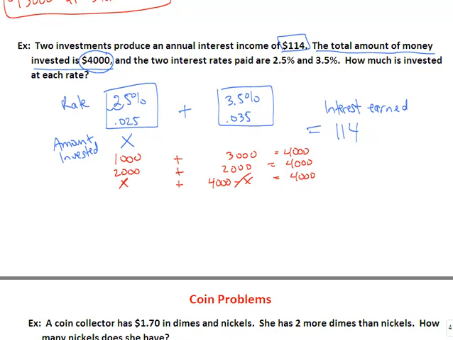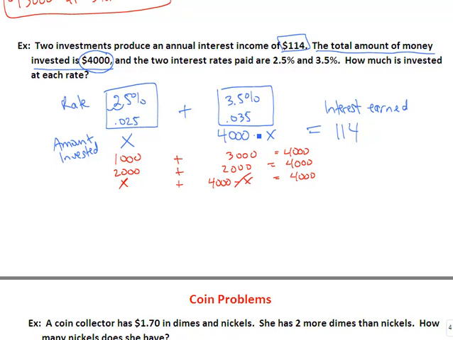So this amount invested is 4,000 minus whatever you put in the 2.5% interest rate account. That forces the total to be $4,000 invested. Okay, that's a tricky concept right there. So whatever you put in the first box, you need 4,000 minus that in the second box.